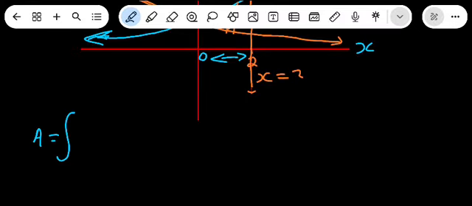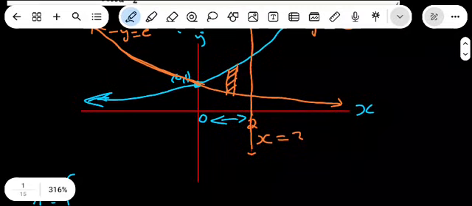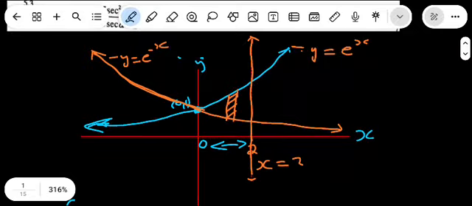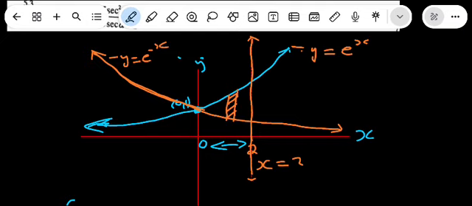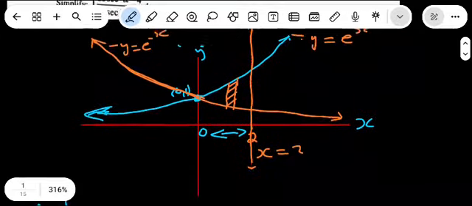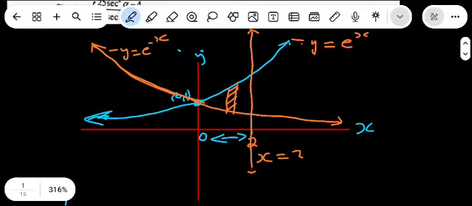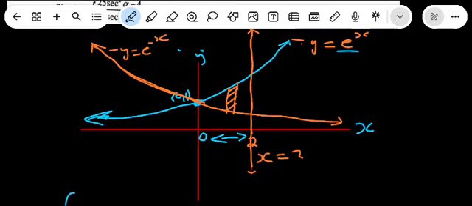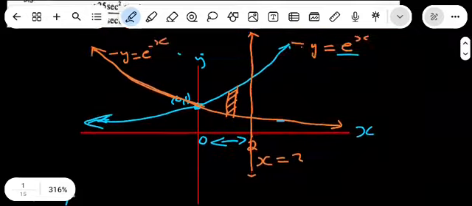The area will simply equal the integral of the upper graph minus the lower graph. Between these two, the upper one, on the top, is e raised to the power of x.